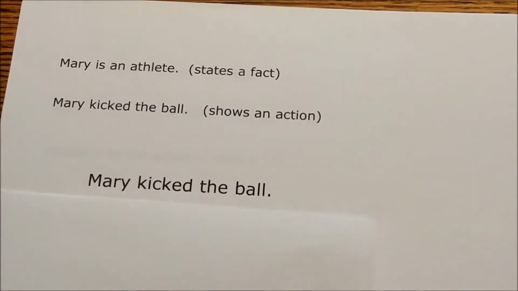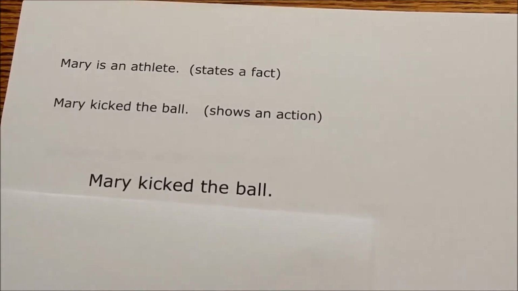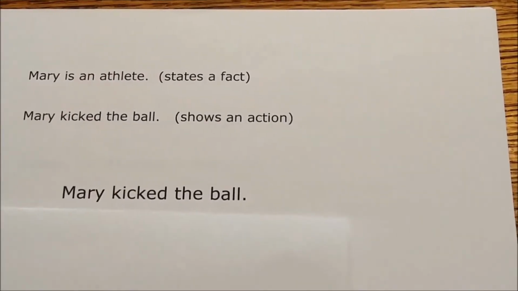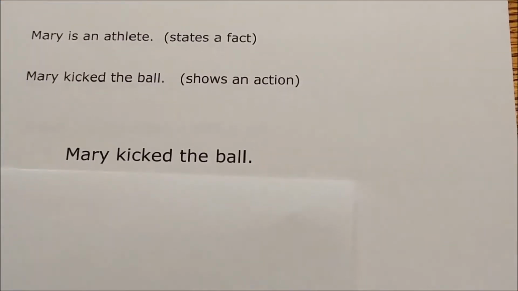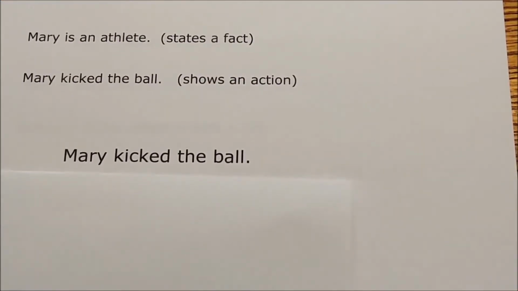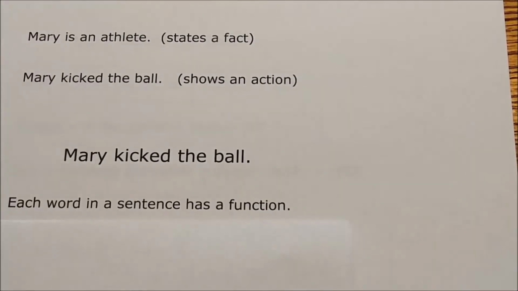Mary kicked the ball. I want you to take a strong look at this sentence, because this sentence we're going to be using as an example throughout the course. It is the classic English sentence. Each word in the sentence has a function.